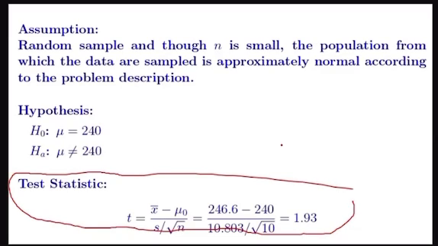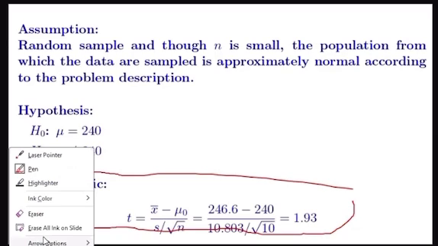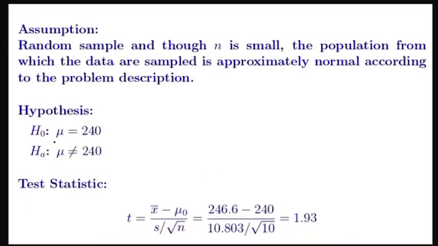Now the next on the line is going to be getting the p-value. And I told you the other time, if you want to get a p-value, you need to take into consideration the nature of the alternative. Whenever you want to figure out your p-value, you will need to look at the inequality sign at the alternative.